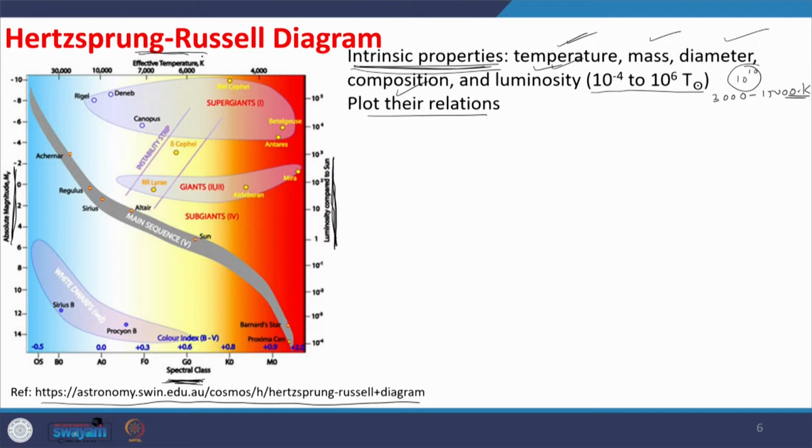Fine. When these people plotted these relations, independent studies were done way back in 1912. By that time nuclear reactions and all those things were not very clear. Simply the data of stars were available, like its temperature, its color, its mass, its density.